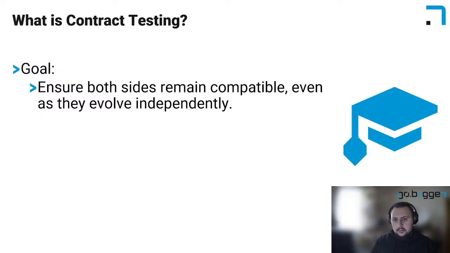So in this case, we have this contract that specifies, okay, we give it this and that, and we get certain data back. So it can evolve independently. The front end can show more or less independently of the back end that can provide XYZ, for example.